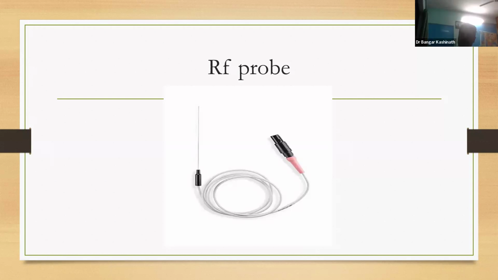So with the thermocouple or RF probe, one of the most important functions is that it transmits the electric current, but it is not the reason to generate thermal energy. It senses the temperature, transmits it back to the machine, and then the machine adjusts the voltage.